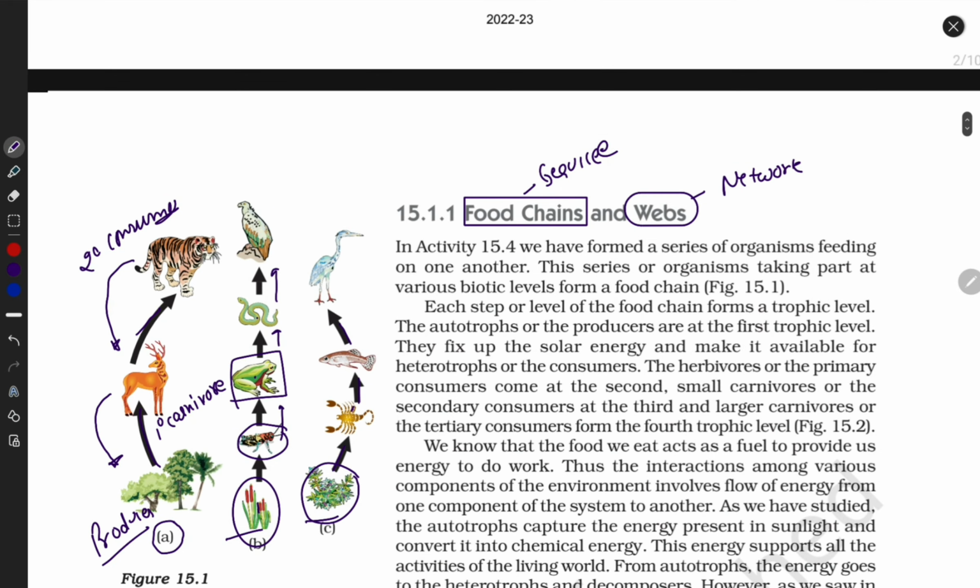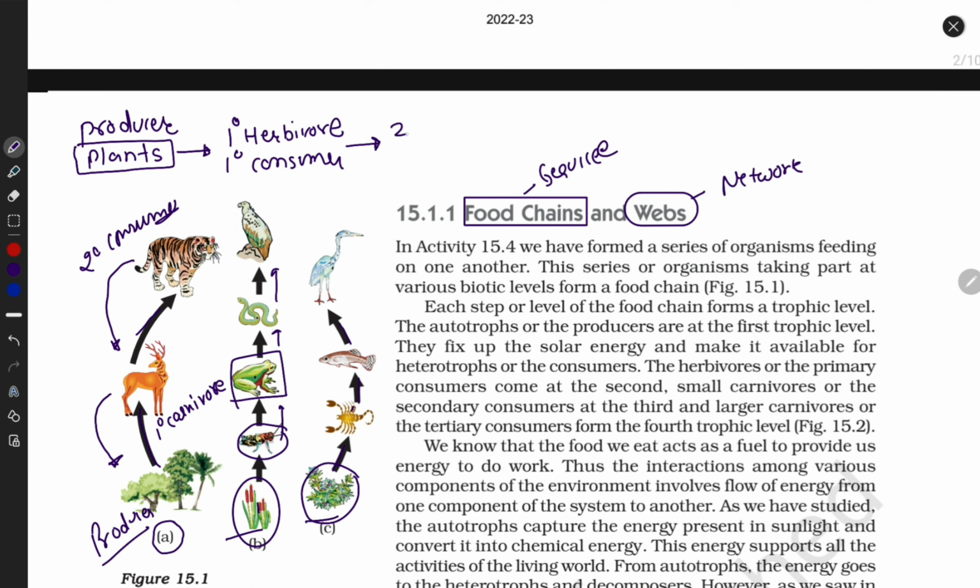What kind of chain? Producers means plants. Who eats plants? Primary consumers, herbivores, and primary consumers are eaten by secondary consumers, and secondary consumers are eaten by tertiary consumers.